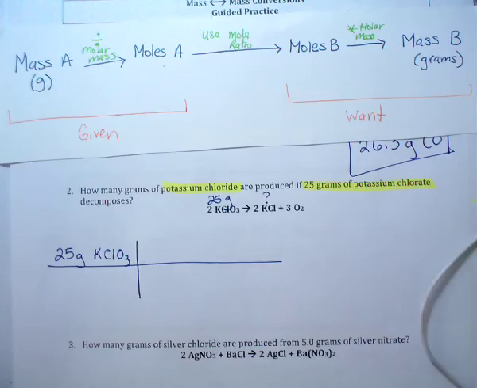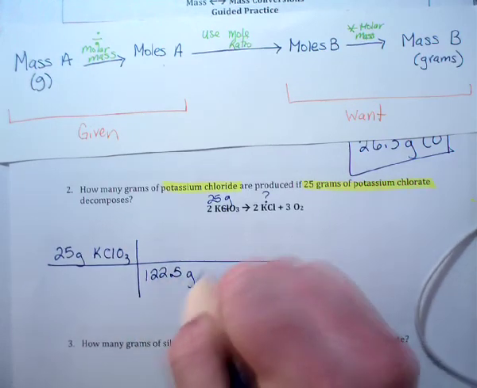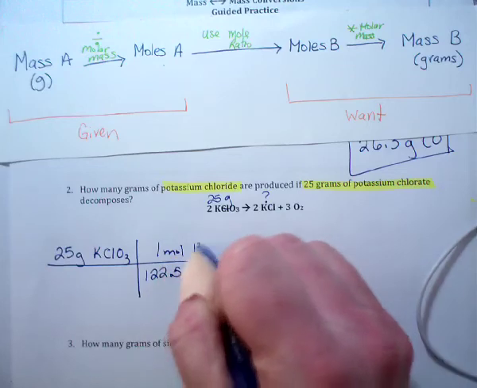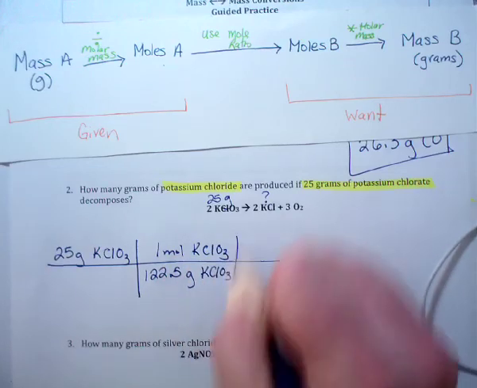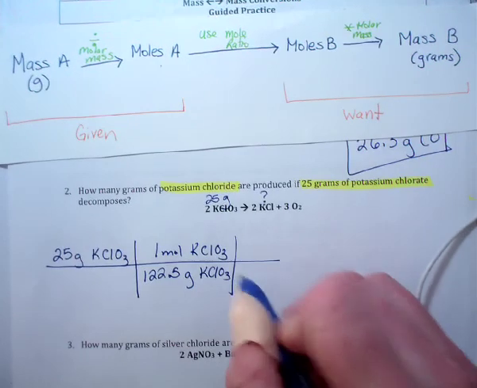KClO3 has a molar mass of 122.5. So now that I have moles of KClO3, I need to turn moles into grams using my mole ratio.